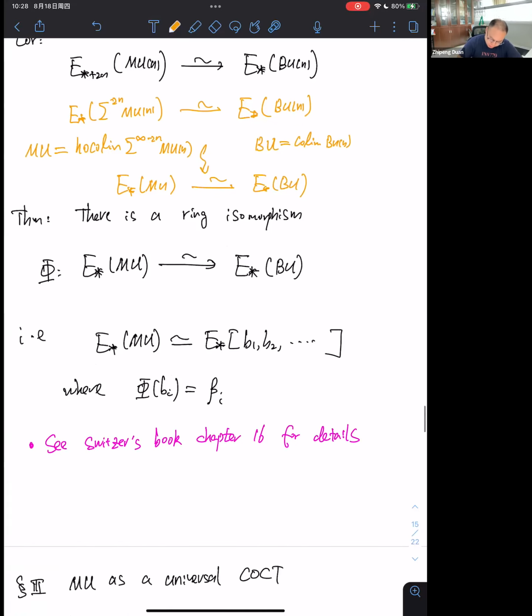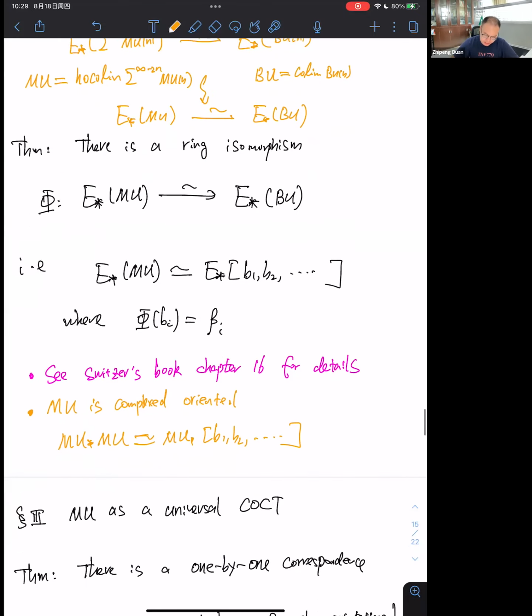And moreover, I give a second remark here. We know from the last talk the complex cobordism spectrum MU itself is complex oriented. So actually, as a specific example, we calculate MU star MU, you can write it as MU star of B1, B2, and so on.